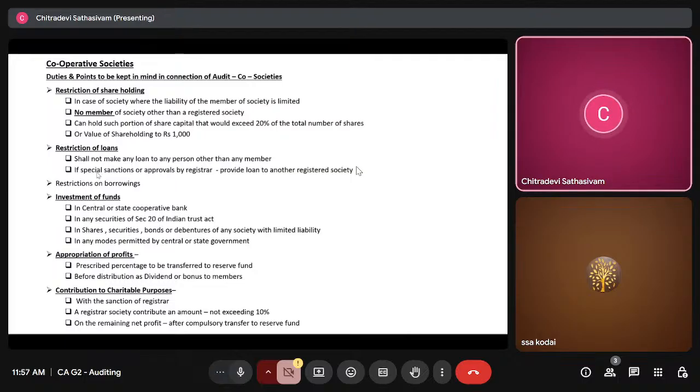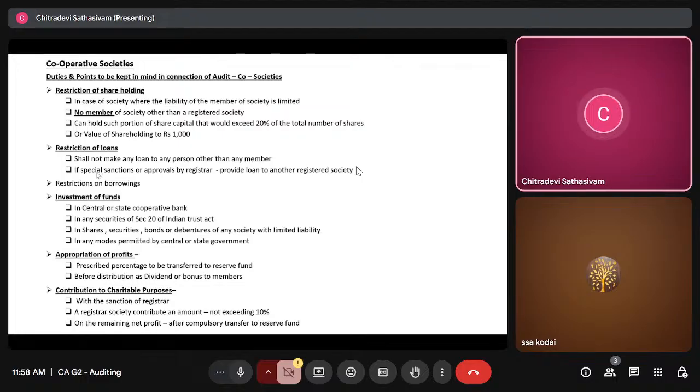They will ask specifically under the duties for the restriction of shareholding, what the compliances are. In this case, you have to be very cautious as per the bylaws. Wherever the liability of a member of society is limited, no member in society other than a registered society can hold a portion of share capital exceeding 20% or value of shareholding of ₹1,000.